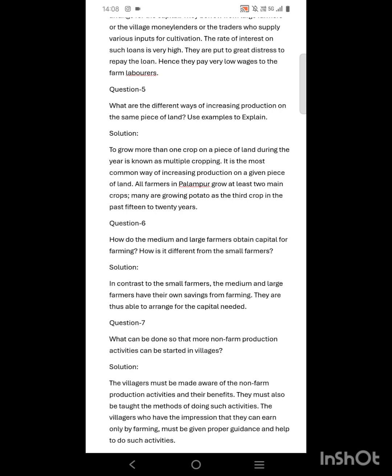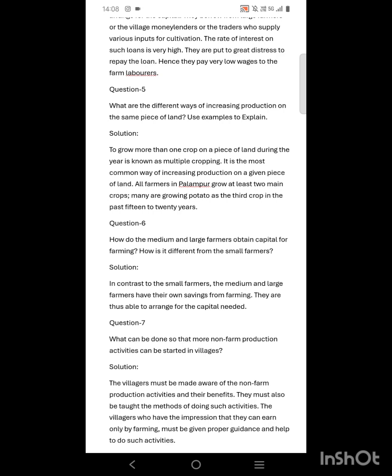So, the different way of increasing production on the same piece of land is multiple cropping. It means in different seasons we have to cultivate different crops so that the soil fertility remains the same, as well as the income source also remains high and valuable to the farmer. It is the most common way of increasing production on a given piece of land.